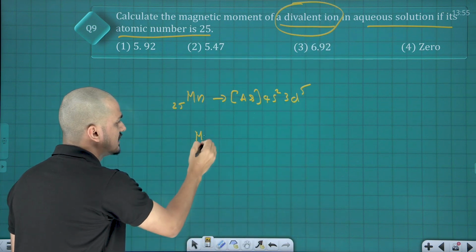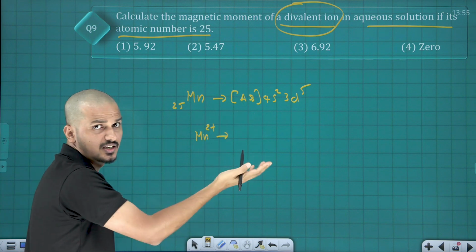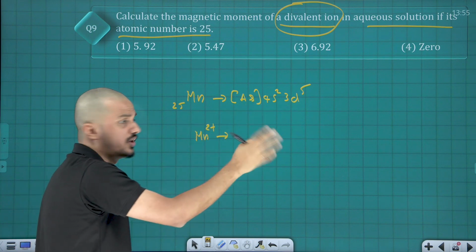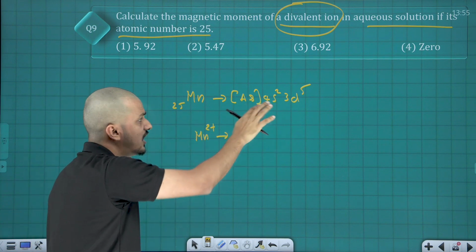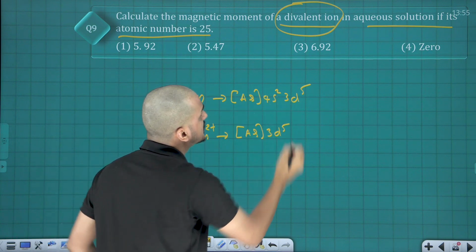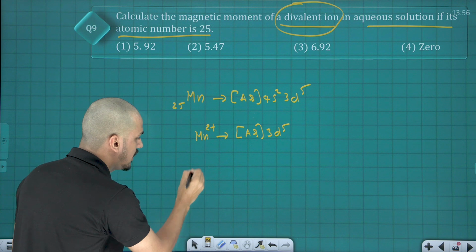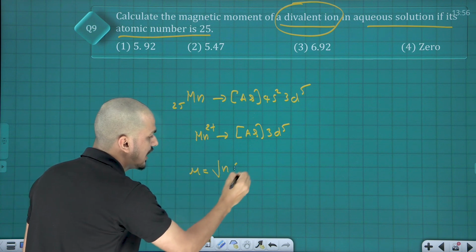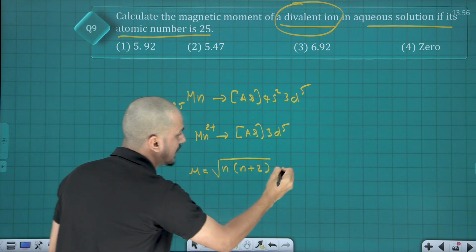Divalent ion means manganese is 2+. From which electrons will they go? Here the 4s electrons will go out. So what remains is argon 3d5. So what's the magnetic moment? Magnetic moment mu equals root of n into n plus 2 Bohr magneton.